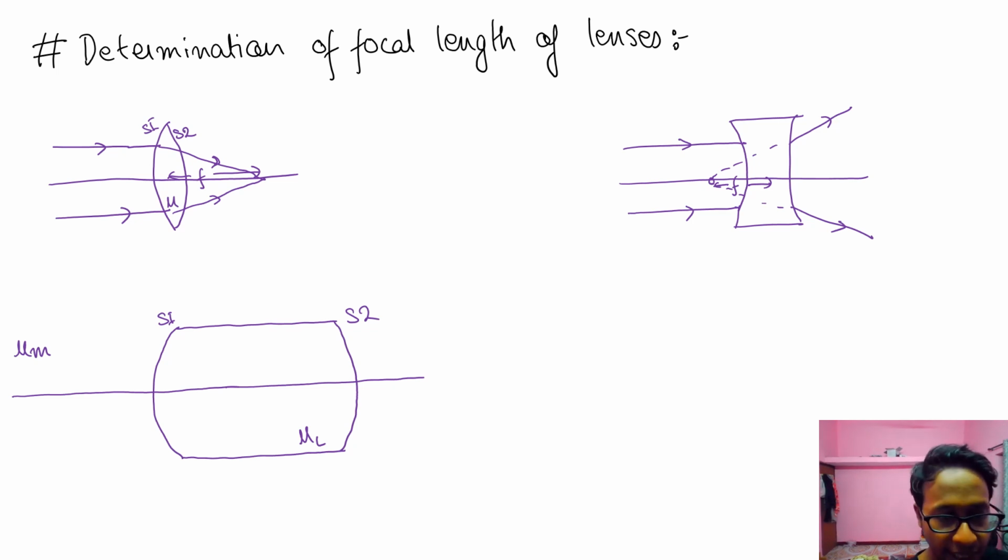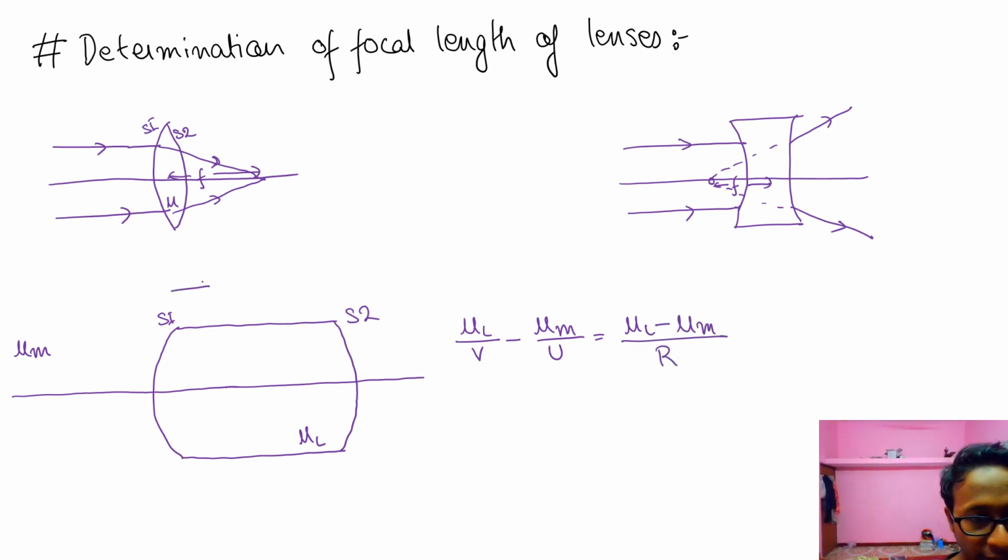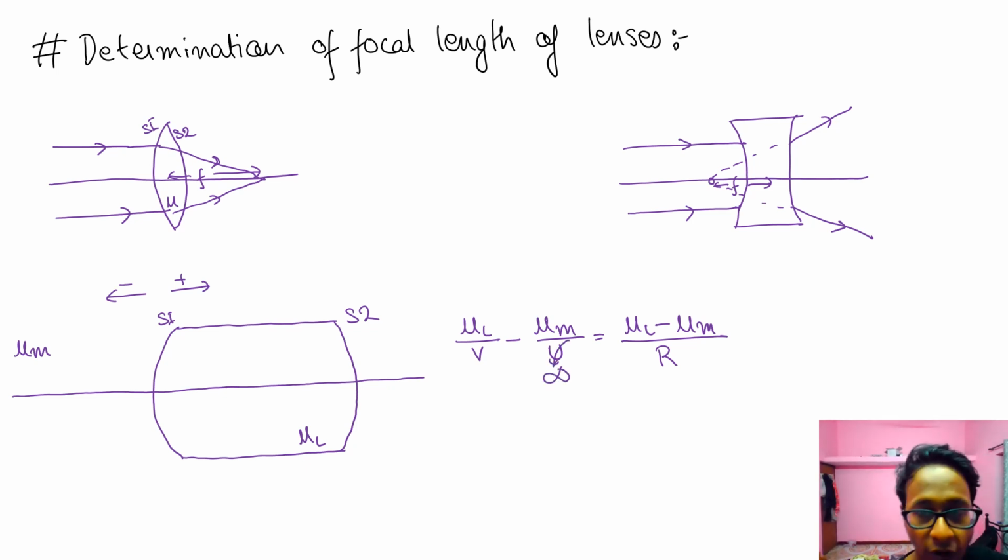So across this surface, mu of lens by V minus mu of medium by U is equal to mu L minus mu M divided by R. In this surface, this side is considered positive, this side is negative. U is infinity for the object.